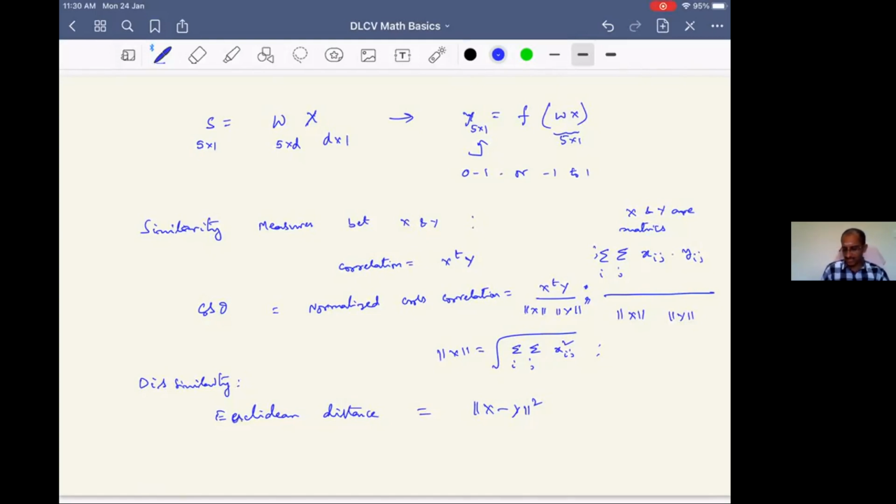Does anybody know any other ways of measuring dissimilarity? We will define it later. We can also use probabilities to measure the dissimilarity, that is, through KL divergence. We will define that in a better way.